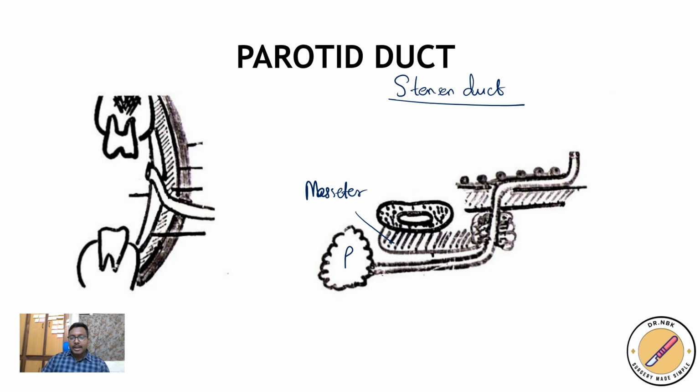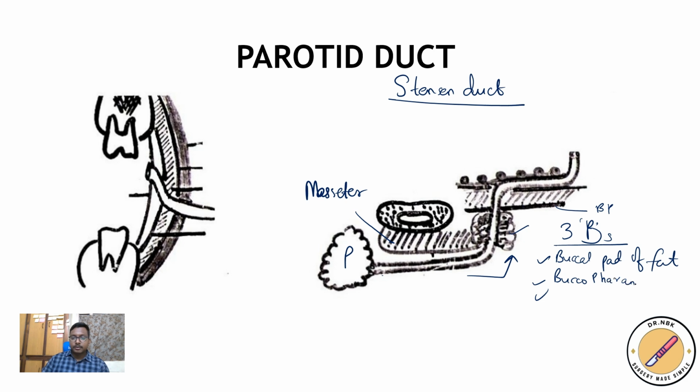Then at the anterior border of the masseter muscle, it takes a 90 degree turn and pierces three important structures. You can remember them as the three B's: the buccal pad of fat, the buccopharyngeal fascia, and the buccinator muscle.